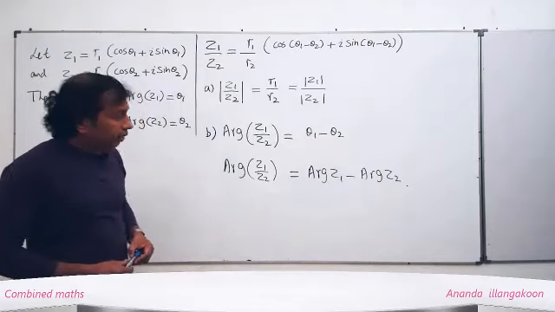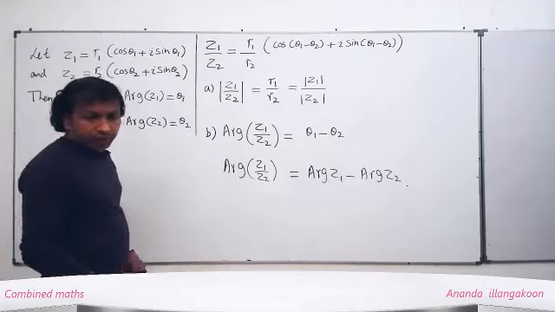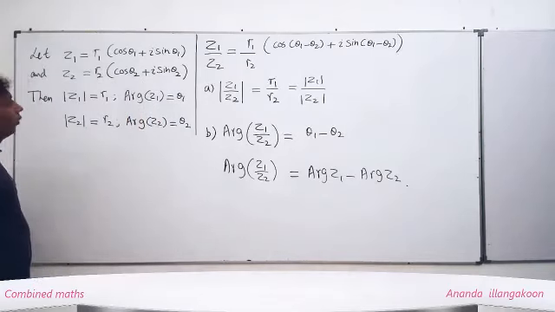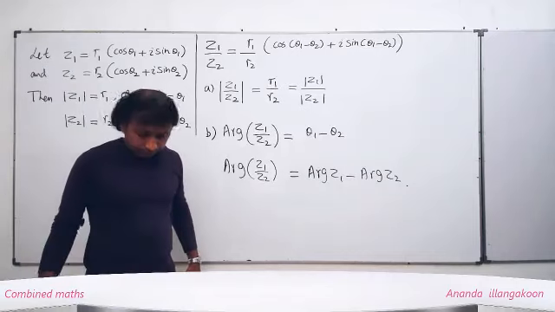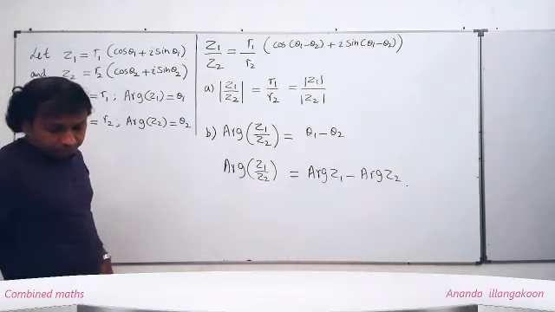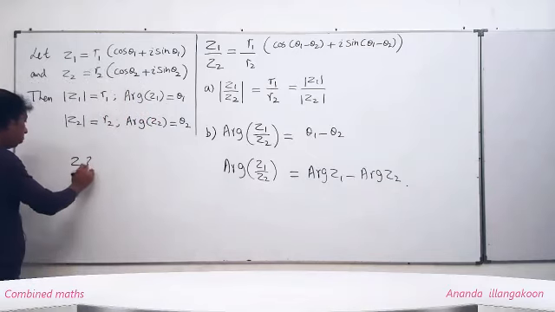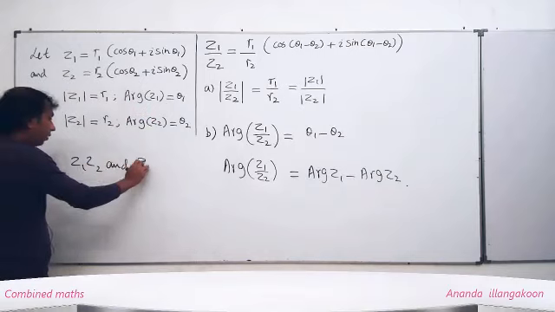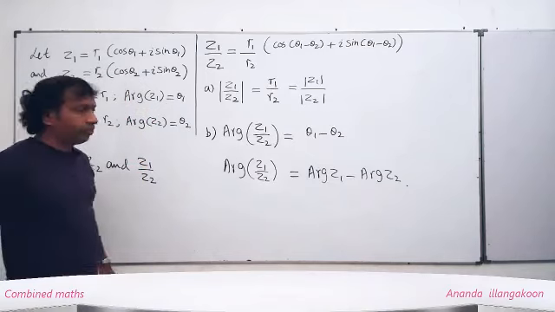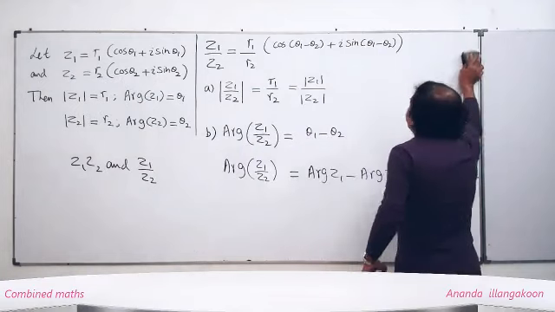Right. Then we write the next subheading like this: To mark Z1, Z2 and Z1 divided by Z2 in the Argand plane, or Argand diagram.